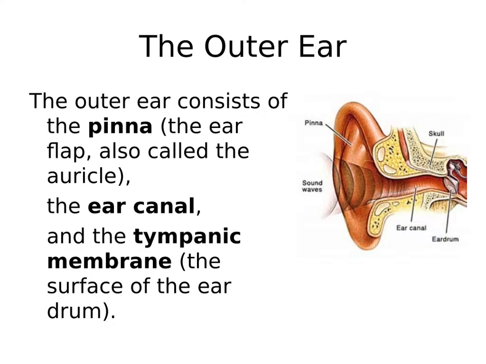If we have a look at the outside of the ear, we've got several different components or parts to the outer ear. The pinna, which is sometimes called the ear flap or the auricle, and the ear canal leads to the tympanic membrane or the surface of the eardrum.